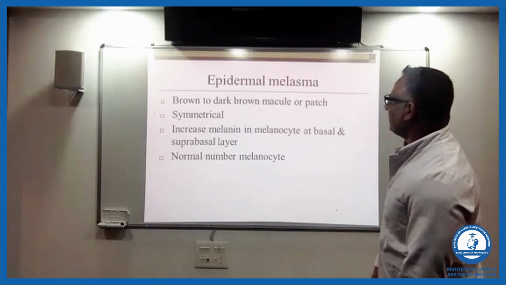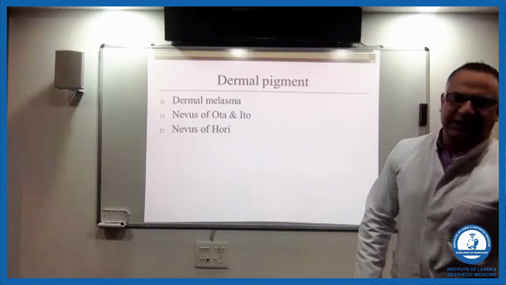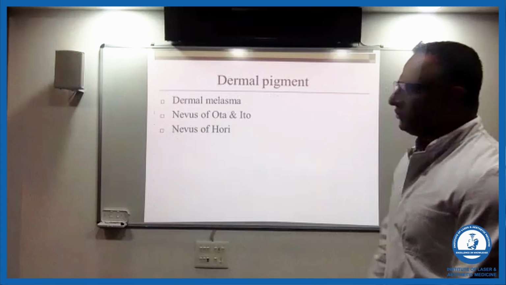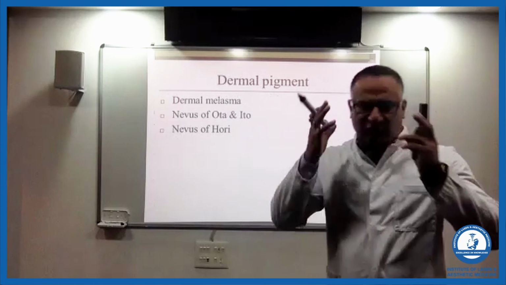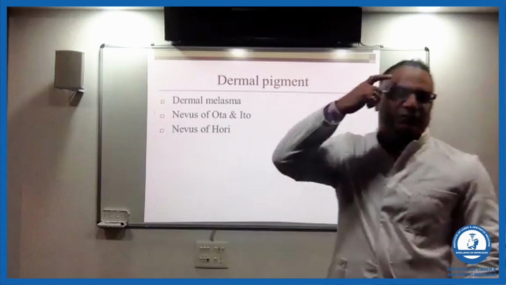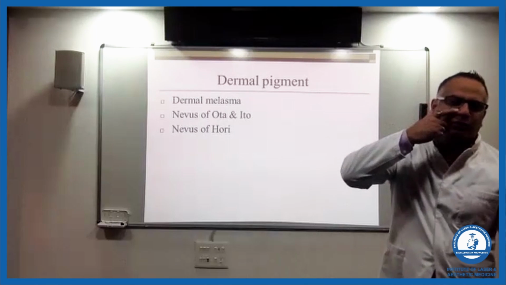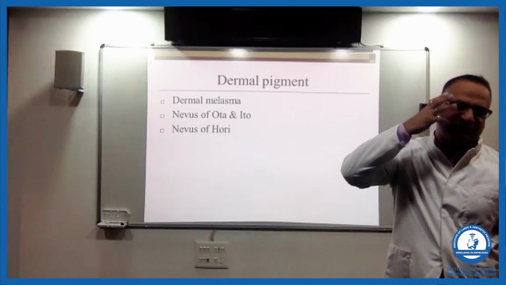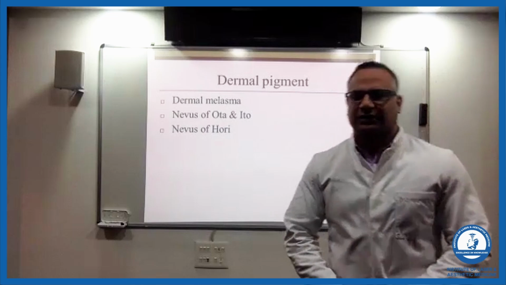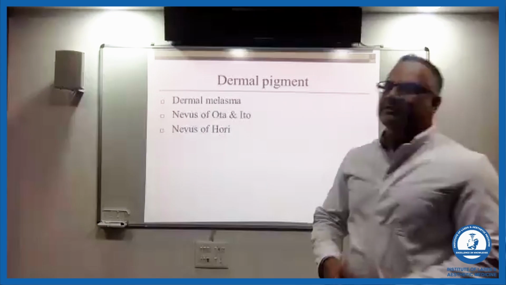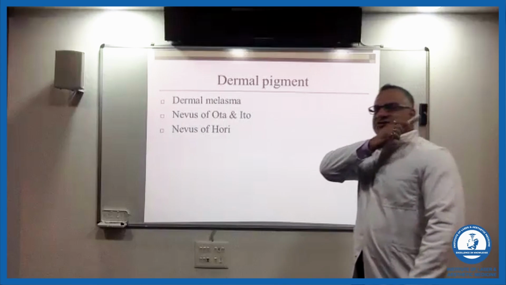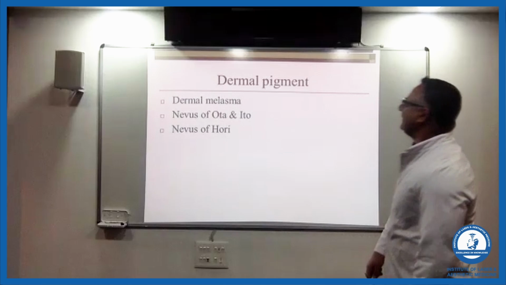And these are some examples of dermal melanosis: dermal melasma, nevus of Ota, Ito, and Hori. Bilateral Ota is Hori. You must have seen people with bluish skin on their faces, and the sclera is also blue. All right, what do you call the birthmark on the face, which is nevus of Ota. All right, and bilateral Ota is nevus of Hori actually. Ito is on the shoulders actually, and so on.